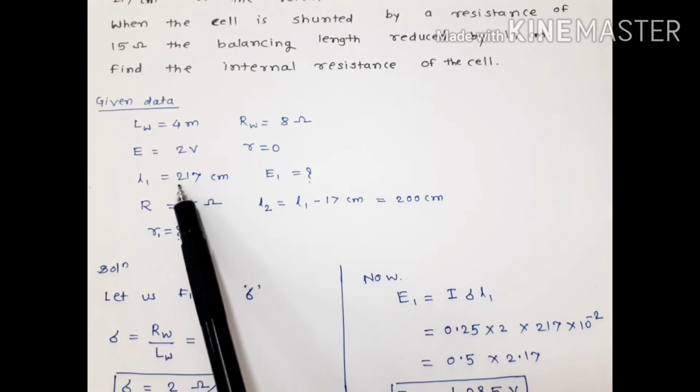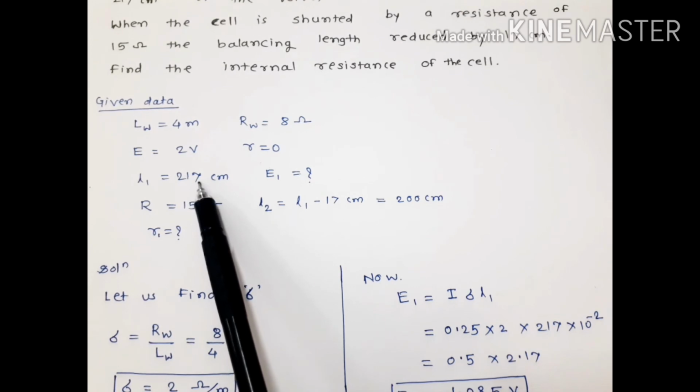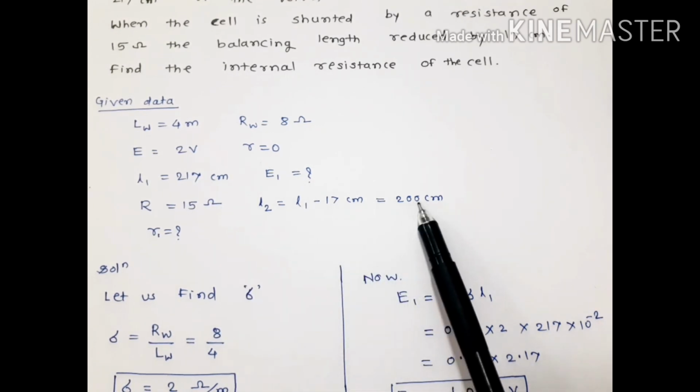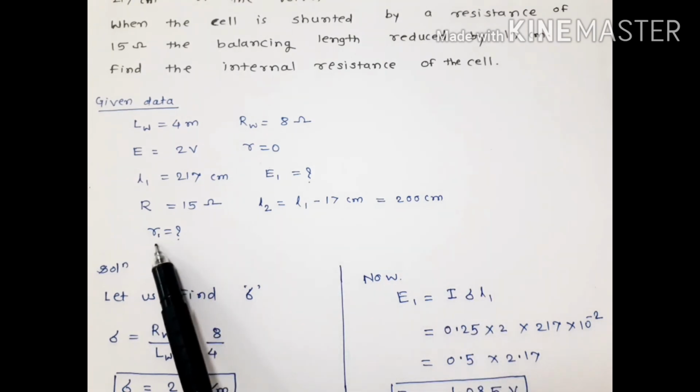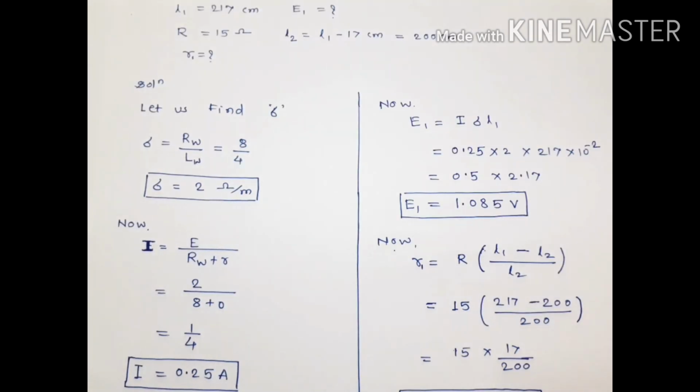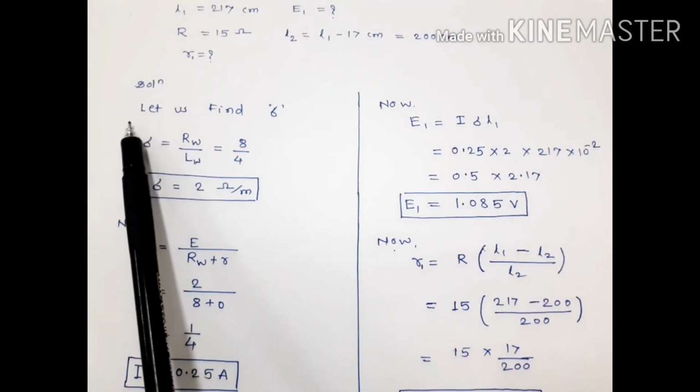Here the value of L1 is 217 centimeter, 217 minus 17 means L2 becomes 200 centimeter. Here our aim is to calculate the internal resistance of that given cell. Let us see the solution.